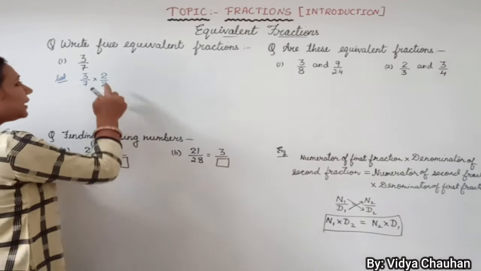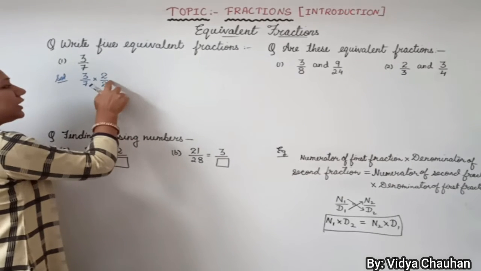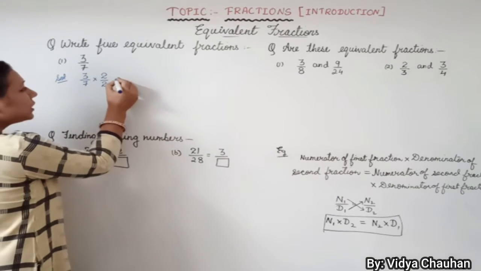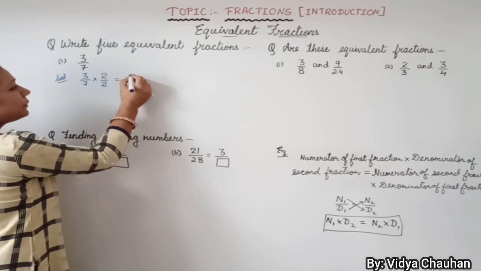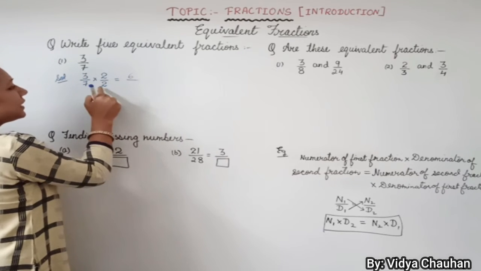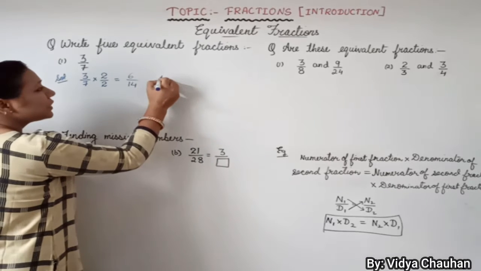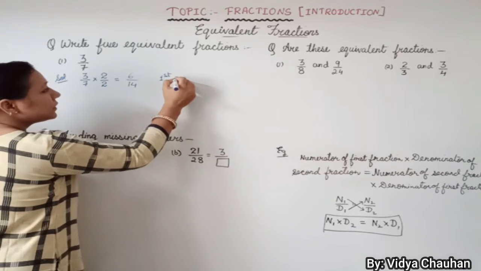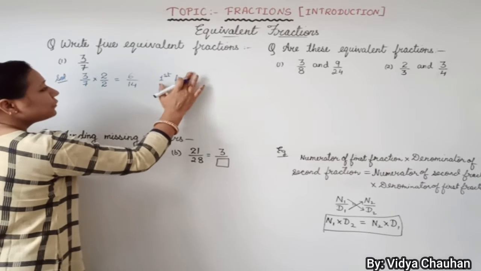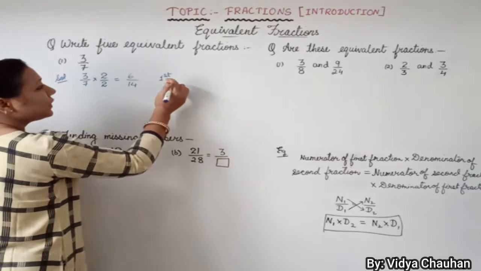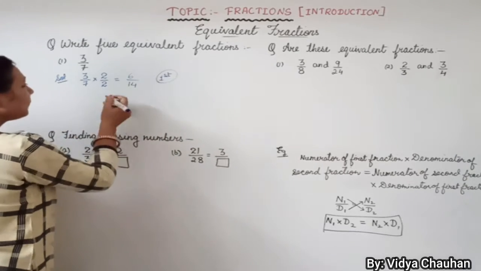Multiply the numerator and denominator by 2 and 2. 3 multiplied by 2 is 6, 7 multiplied by 2 is 14. So this is our first equivalent fraction.